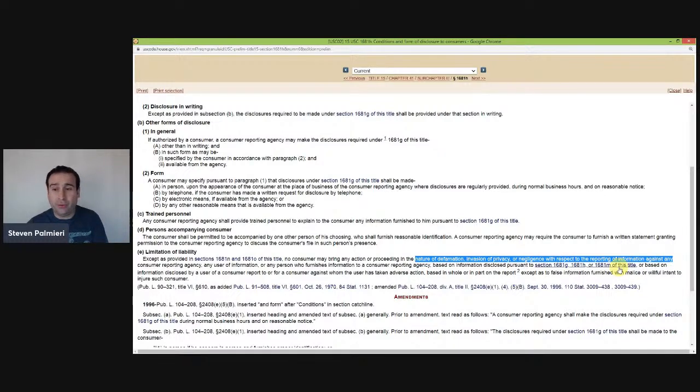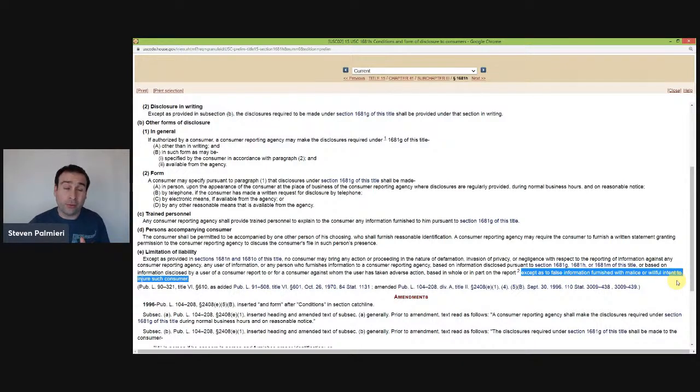As soon as the FCRA was passed, they took away the common law rights to claim defamation, invasion of privacy, and negligence, okay? Except unless the consumer can argue that the information was false and furnished with malice or willful intent to injure. This is the counterpart to the maximum possible accuracy requirement that most people just overlook.